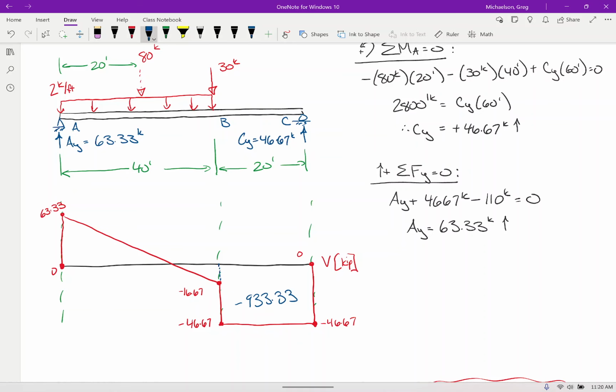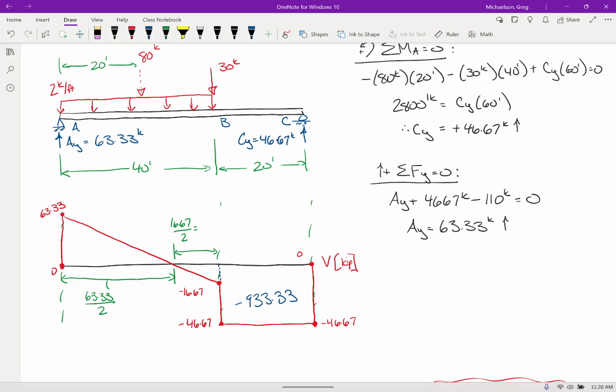Okay. So the way that we're going to do this is we're going to take the magnitude, 63.33 divided by 2. And this is going to be 16.67 divided by 2. Now, by the way, why am I dividing it by 2?